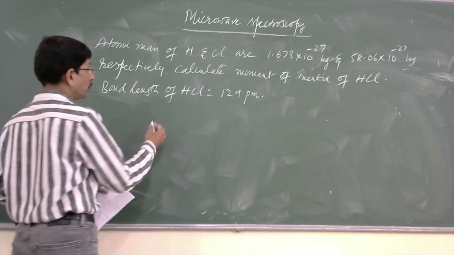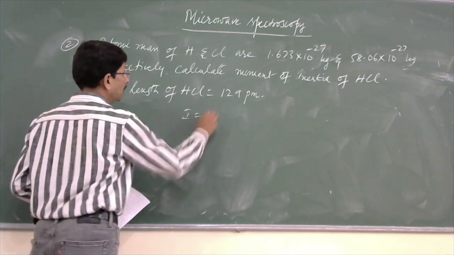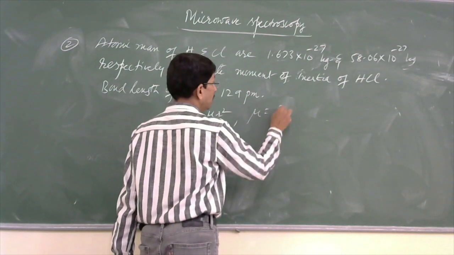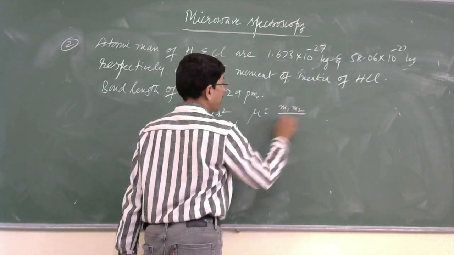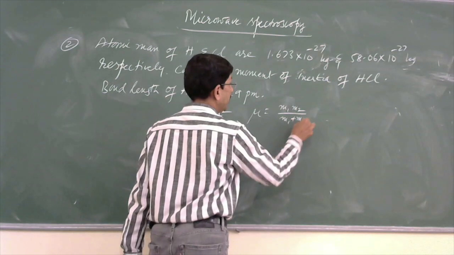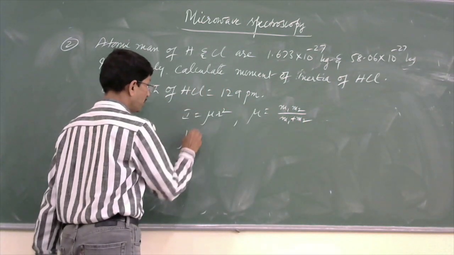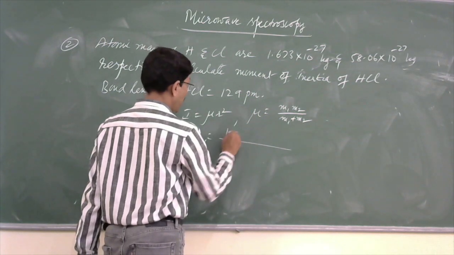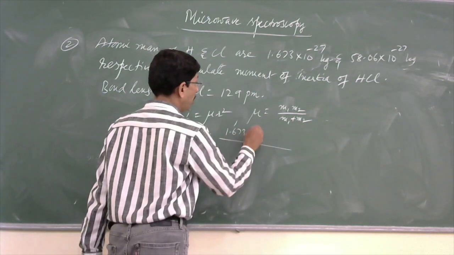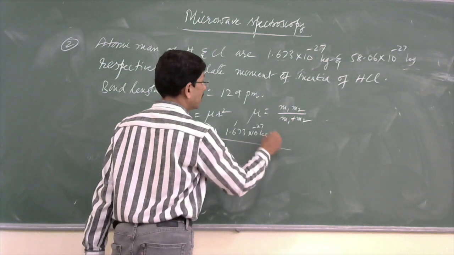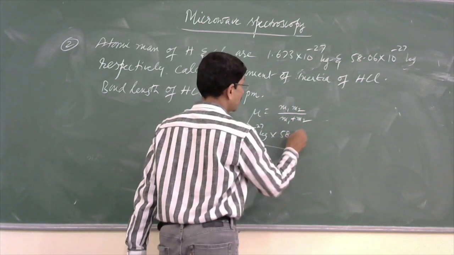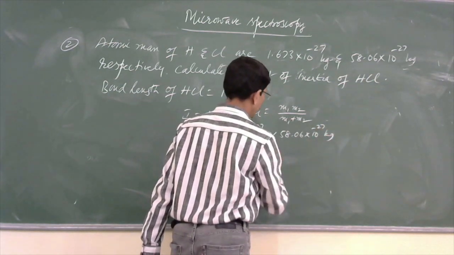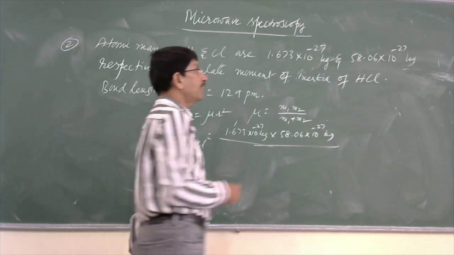So first, we know I is equal to mu r square, and mu is equal to m1 m2 divided by m1 plus m2. So the reduced mass of HCl would be equal to 1.673 into 10 to the power minus 27 kg into 58.06 into 10 to the power minus 27 kilograms. Again, do not get confused.